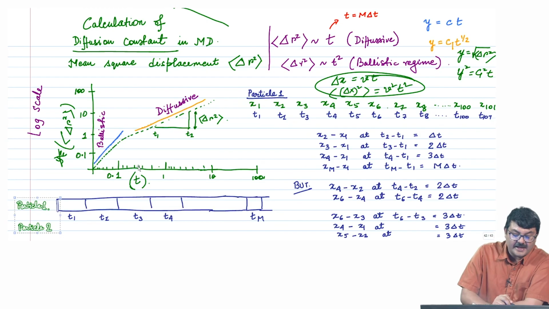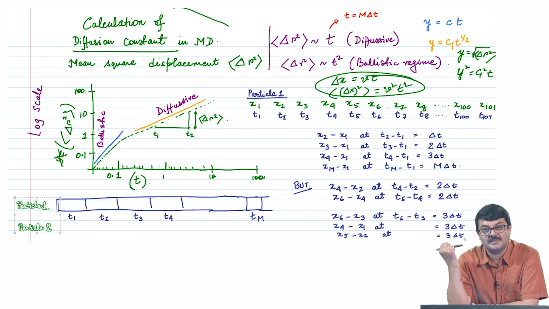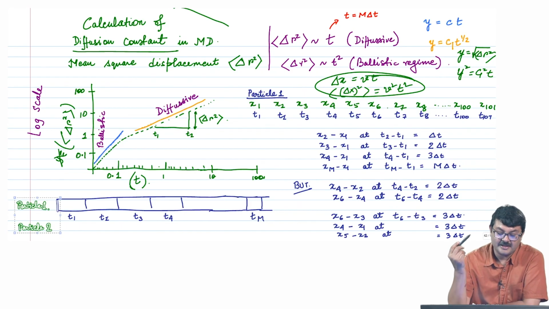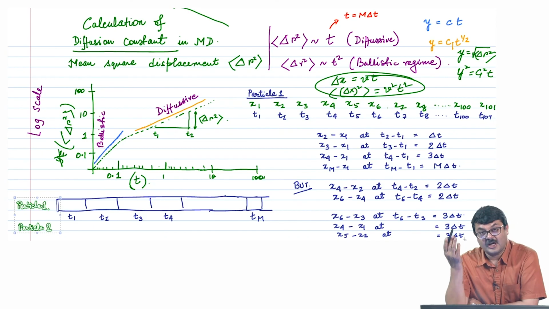So, while getting the average at short times is relatively simple because you have so many differences from the same trajectory, getting an average for the mean square displacement at large times is difficult.